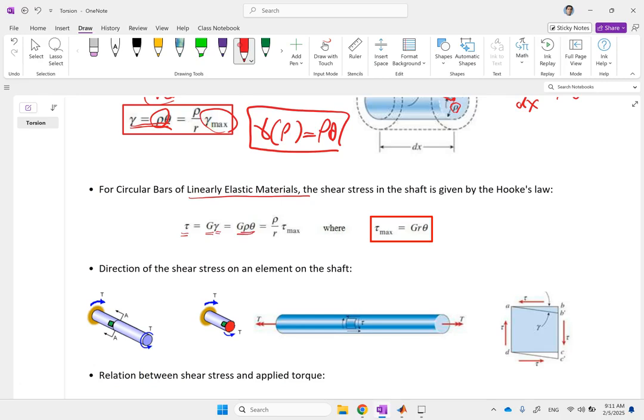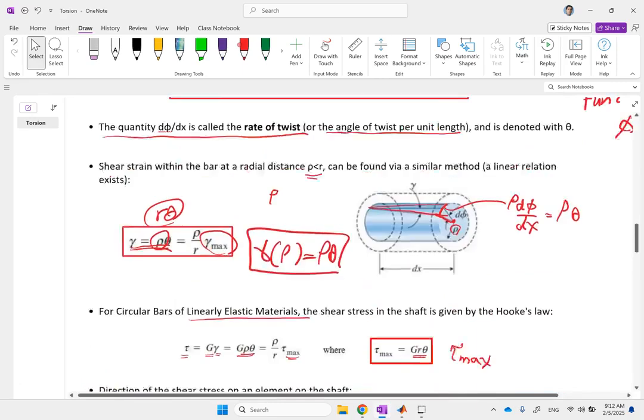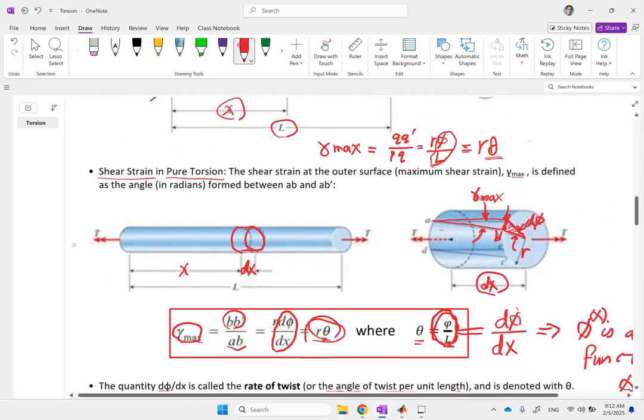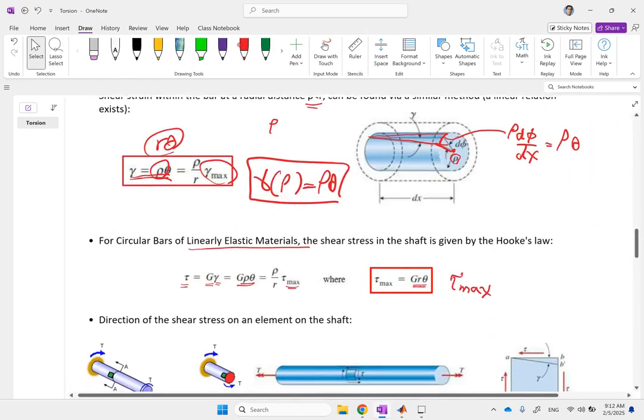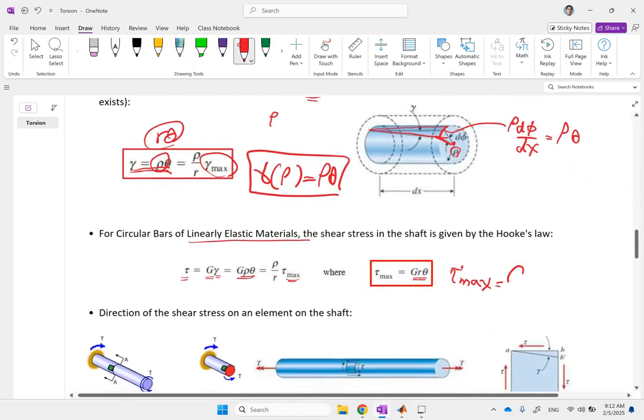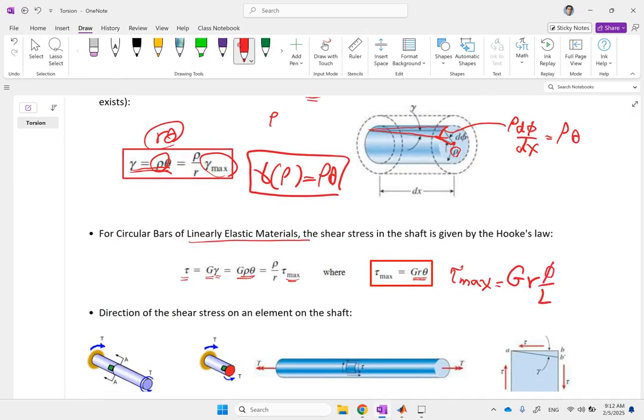So you get G rho theta, or you can write it as rho over R tau max, where tau max happens at the radius R, and it is G R theta. So tau max is what? The maximum shear stress in this bar happens at the very end, at rho equal R, and it is G times R times theta. And remember, theta was phi over L.